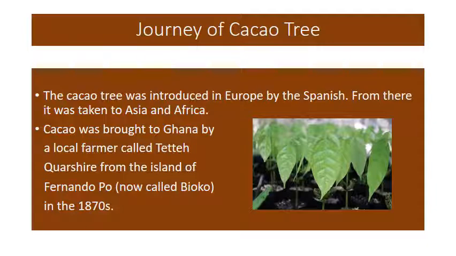Dear students, we must remember that cacao is one of Ghana's chief revenue earners. It is the economy builder of Ghana. Ghana exports cocoa beans. It does not export finished products.